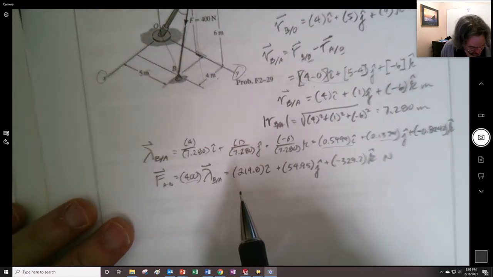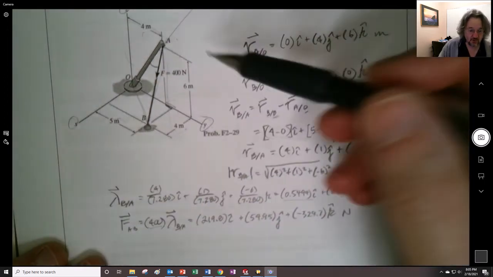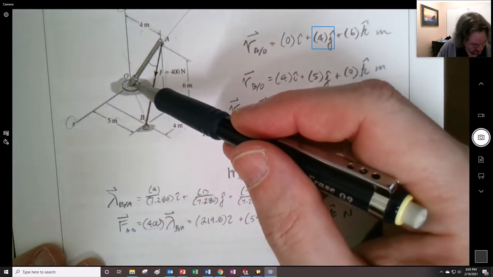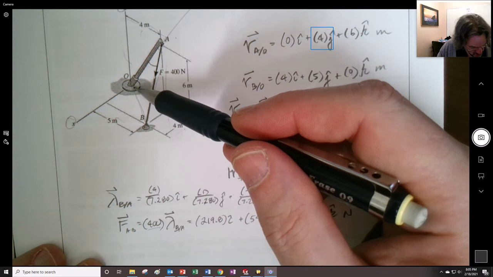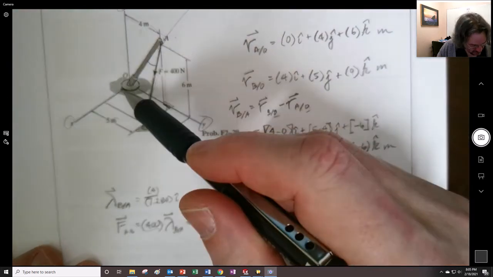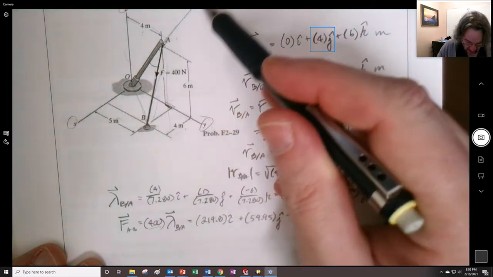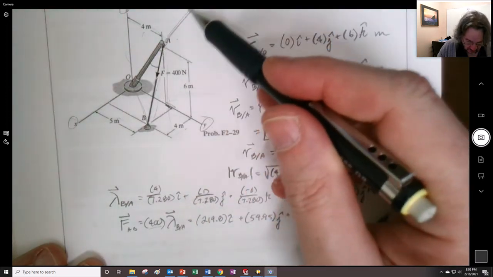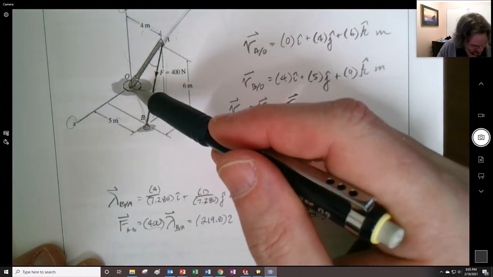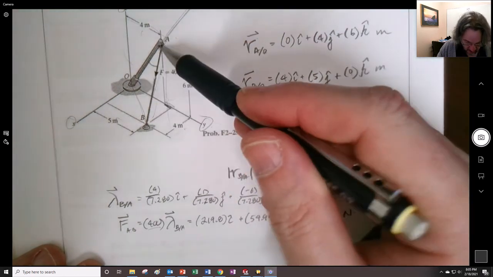Now, when I want to get the moment, do I want the moment? No. I want to project this thing onto that thing. So I decided that the vector that I want to project it onto is going to be O with respect to A, right?